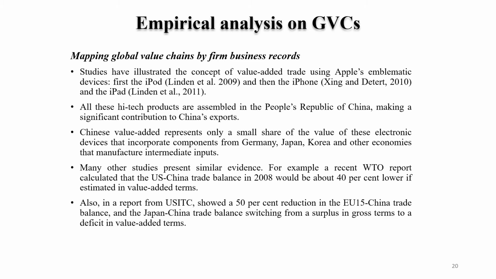Similarly, another study by the US ITC showed a 50% reduction in trade between EU15 and China, and the trade balance between Japan and China could also be much lower than what we see in the gross trade based calculation.